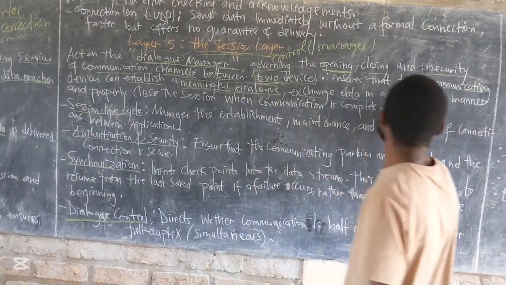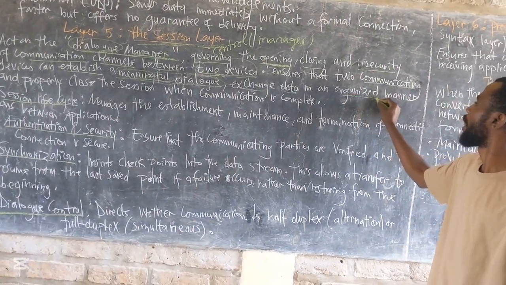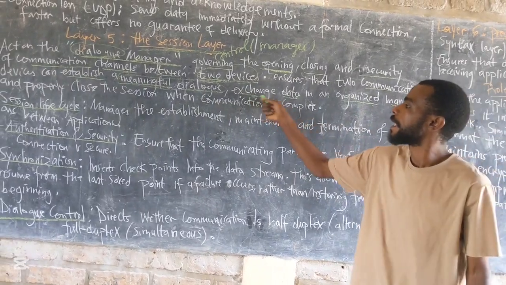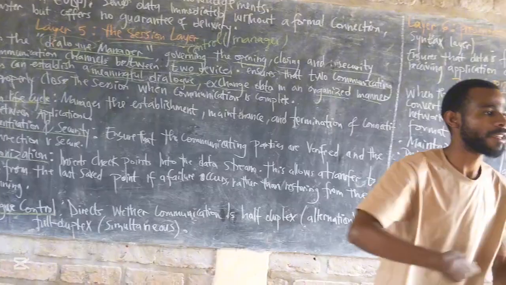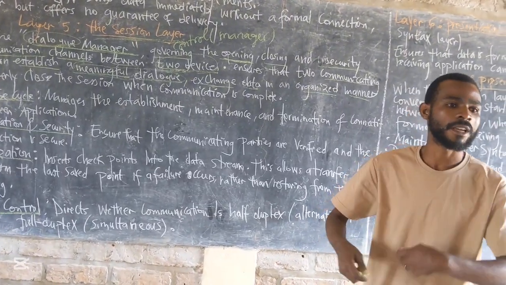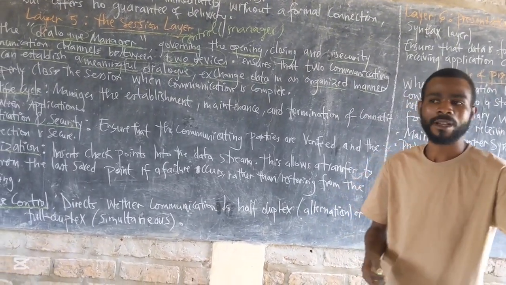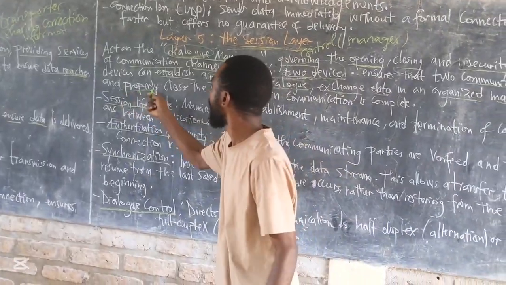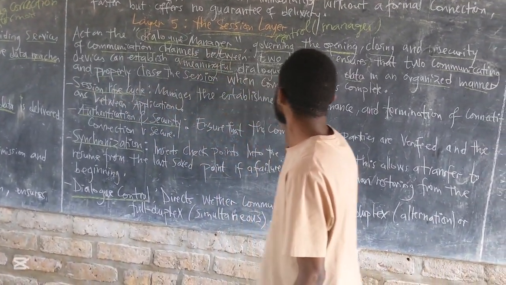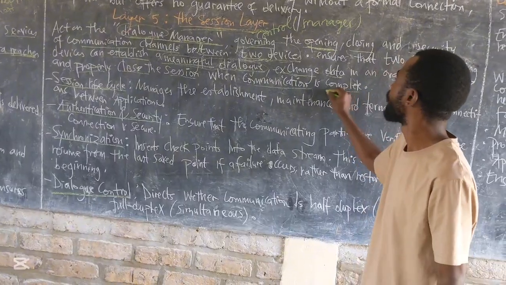Exchanging data in an organized manner: exchanging, sharing, one sends, another receives, the one who received can also send, and the other can also receive, and then properly close the session when the communication is completed.